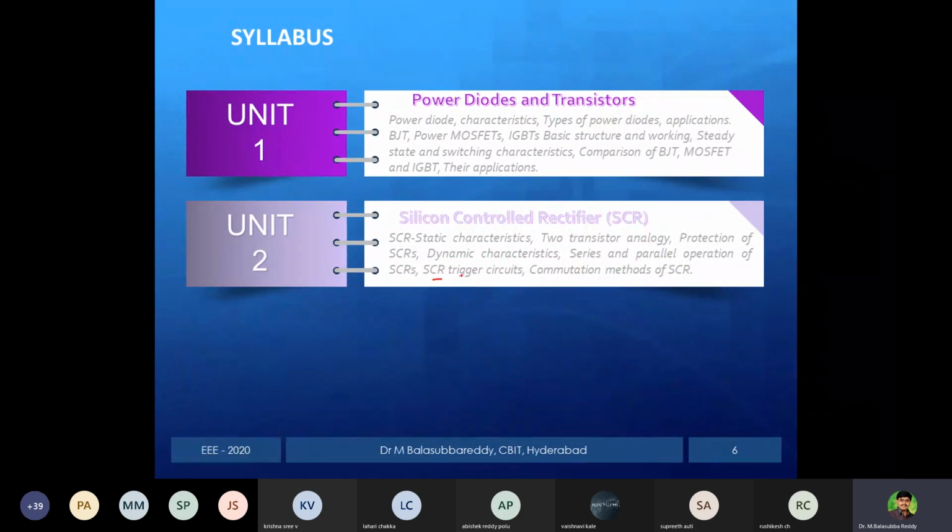That is under this section, SCR or thyristor triggering circuits. Another one is the commutation method. The triggering deals with turn on; commutation deals with turn off. As I mentioned, all these are control devices.